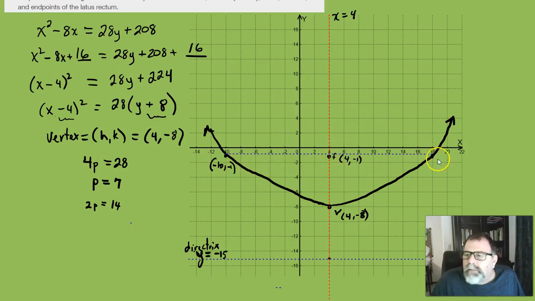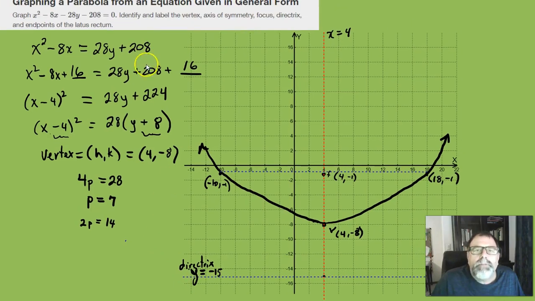And then this one is 18, -1. All right, and that's it. I think I got everything labeled. Just double check: identify and label the vertex, x symmetry, focus, directrix, endpoints of the latus rectum. Yep, okay. Let's move on to the next one.